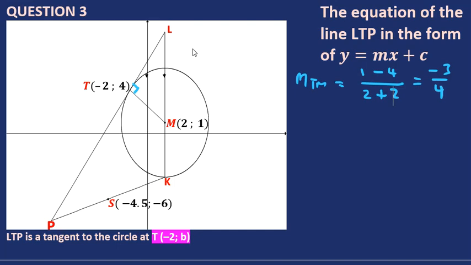So what that means is that the gradient of TM, which we just worked out, when multiplied with the gradient of this line, LTP, the line that we're looking for, it should give us -1. That means then that the gradient of line LTP will be 4/3, because if we multiply those two gradients, then it should give us -1.